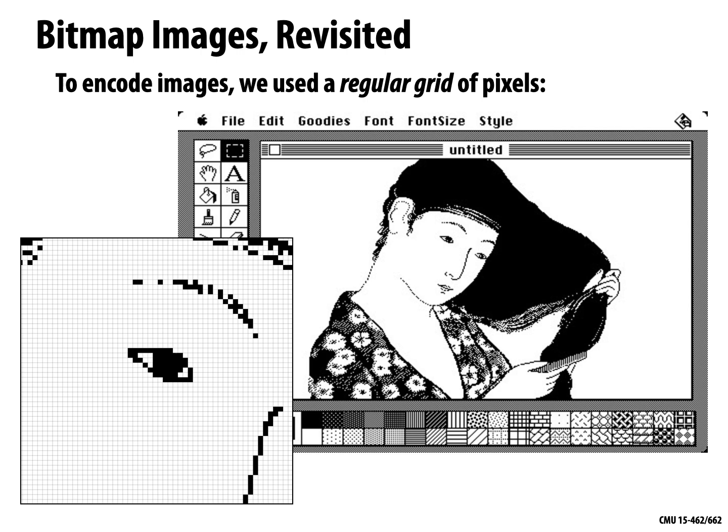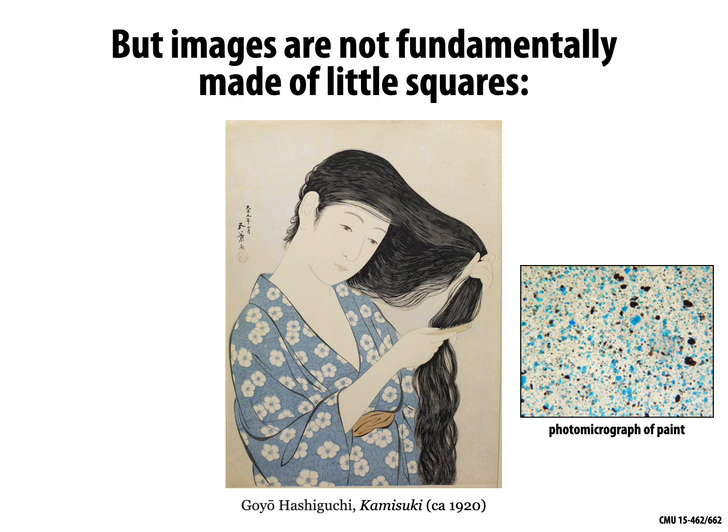But if we look at images in the real world, if I were to look at a painting and zoom far, far in on that painting, well, images in the real world are not made of little squares, right? If I have an image that's made by paint or by ink, if I zoom in, I might see little droplets of that pigment, right? There are no little squares. That's something we did in our rasterizer.